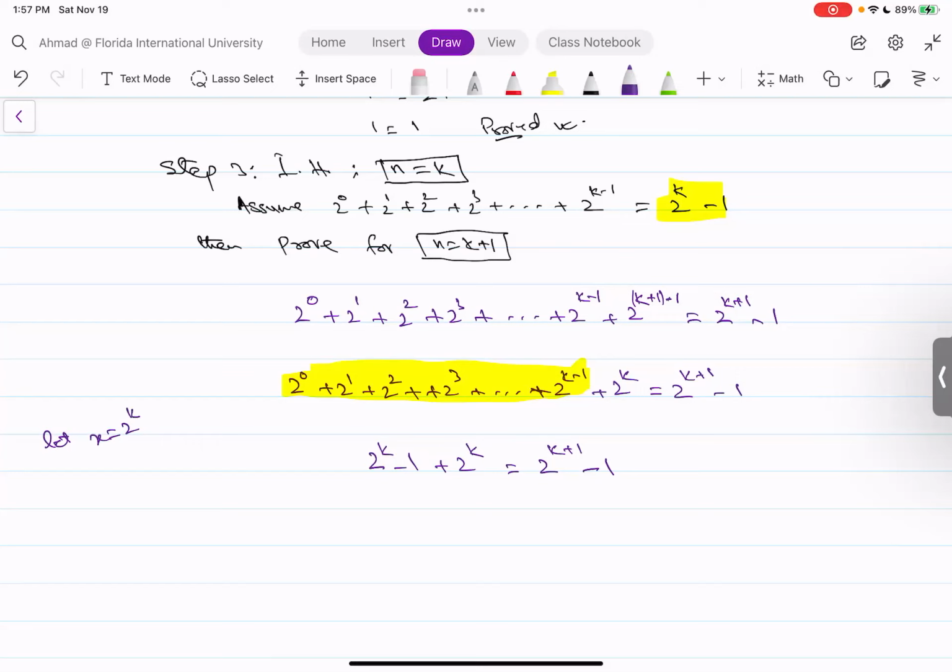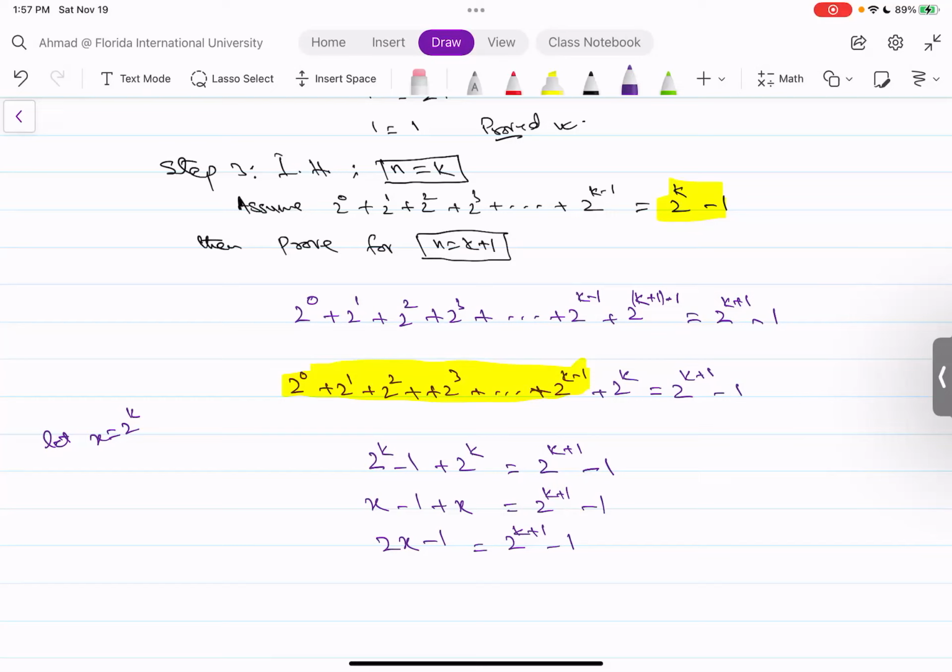If that is true, can I substitute x here? x minus 1 plus x is going to be 2 to the power k plus 1 minus 1. Then can I summarize: x plus x is equal to 2x minus 1, equal to 2 to the power of k plus 1 minus 1. Is that correct? Yes, it is correct.